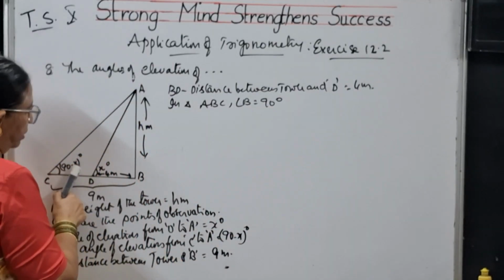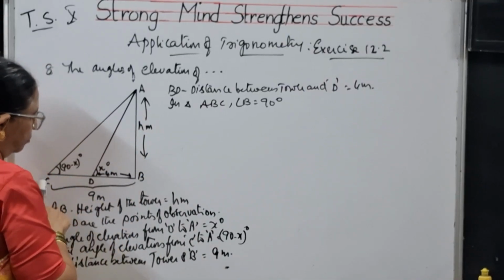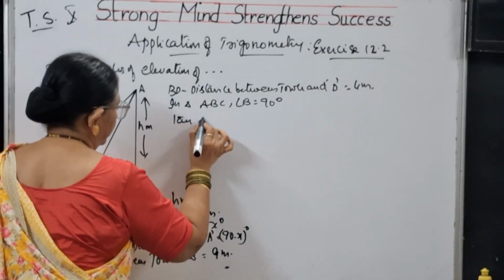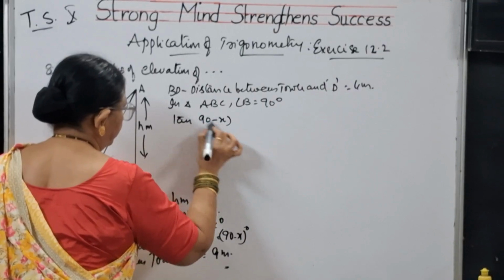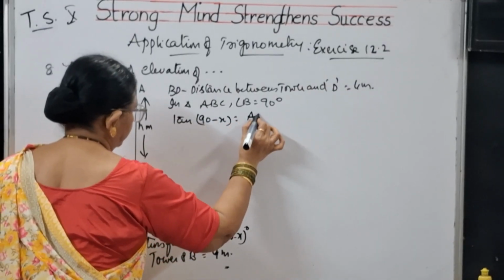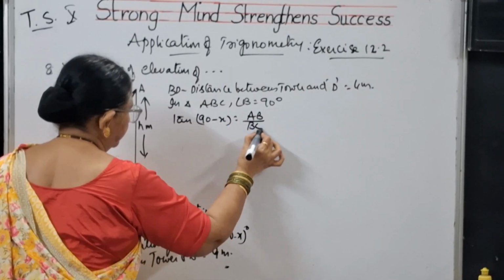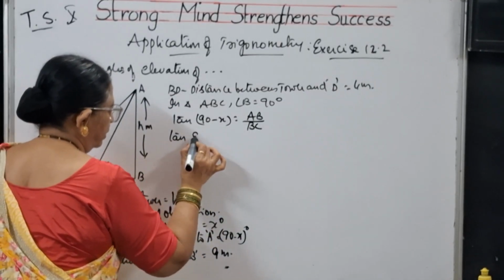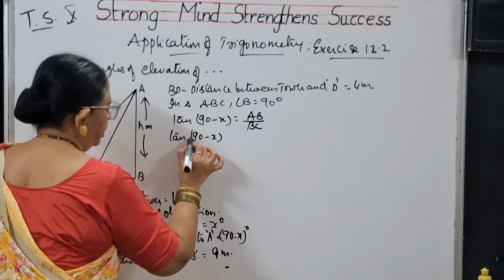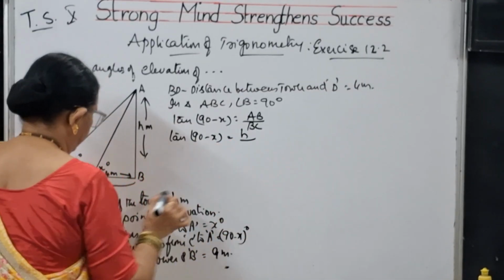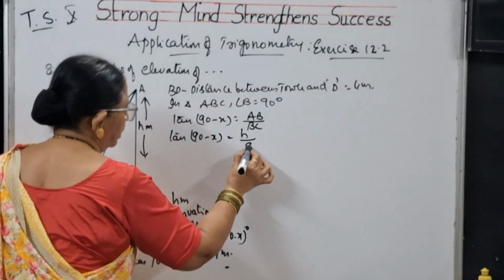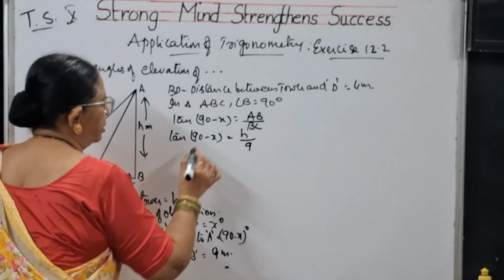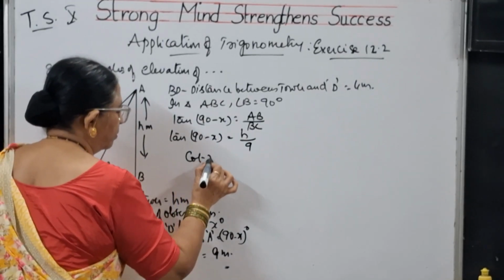So for 90 minus x, opposite side by adjacent side is tan. So tan 90 minus x is equal to AB by BC. That means tan 90 minus x is equal to h by BC, which is 9. Tan 90 minus theta is cot theta.